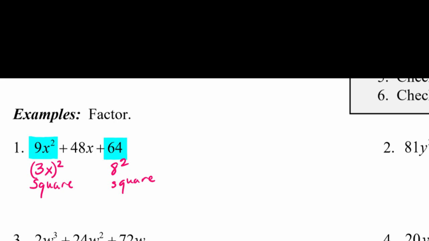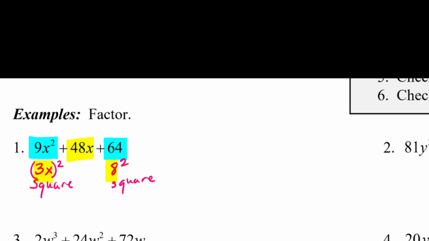So now let's check our middle term. If this trinomial is a perfect square trinomial, then the middle term will be found by multiplying together the 3x times the 8 and doubling it. So 3x times 8 is 24x, and double that is indeed 48x.